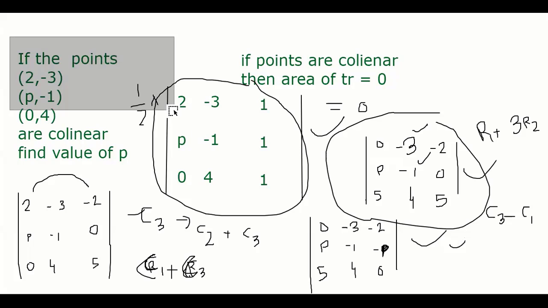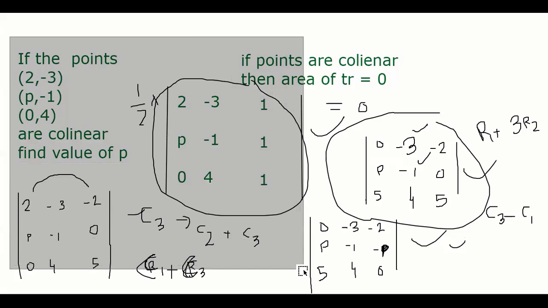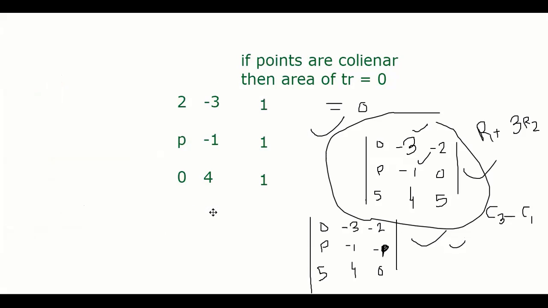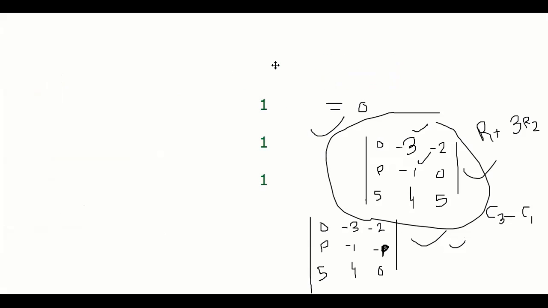Let me erase all of this and get the value of the determinant. So as of now, what we have got is 0, -3.